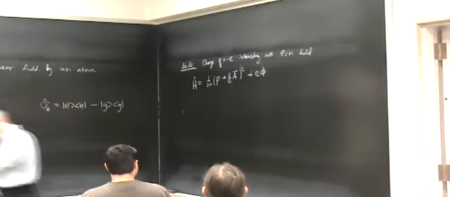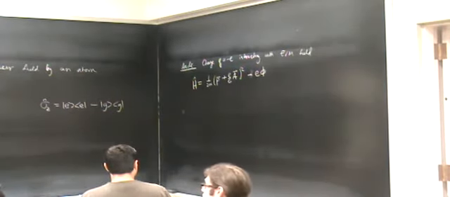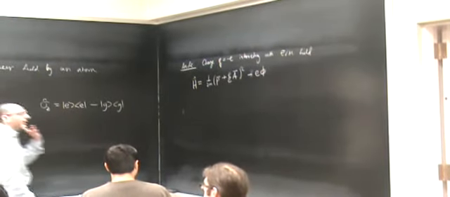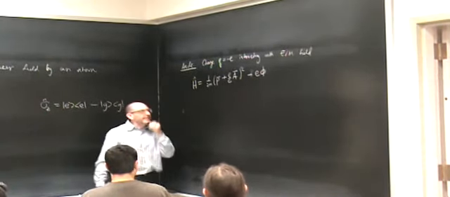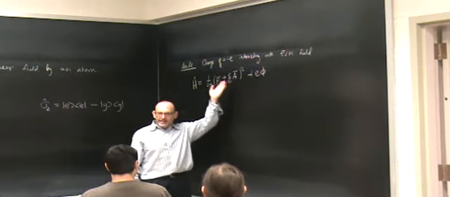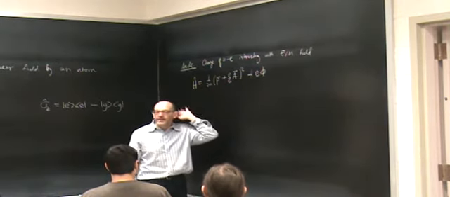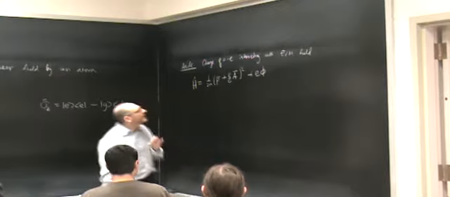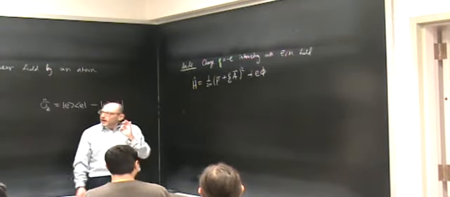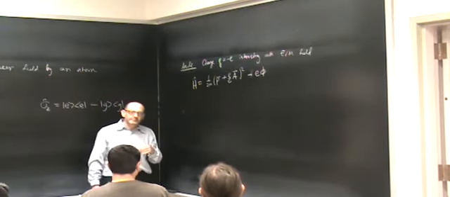And what we did at the beginning of this semester, we looked at the case of static fields. That's how we started. Particularly, we were interested when we had static magnetic fields, and we looked at the Aharonov-Bohm effect and all those goodies. Now we're talking about electromagnetic radiation. Okay?